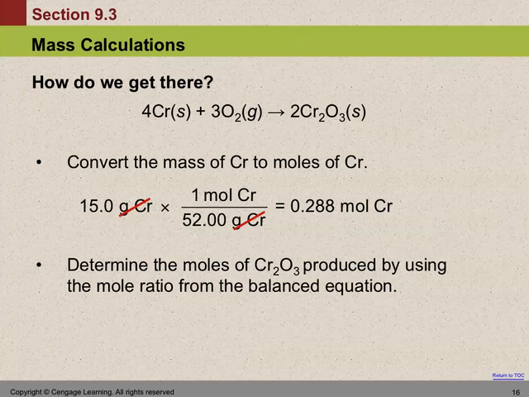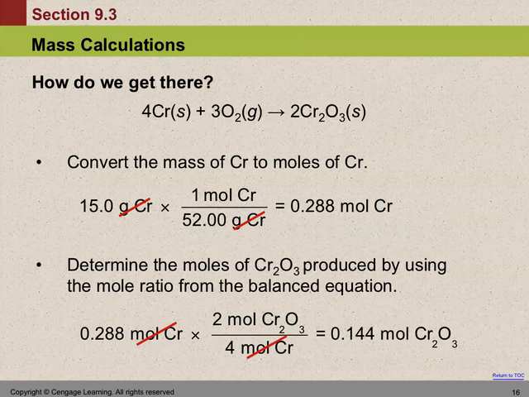What you can see is that 4 moles of chromium produce 2 moles of chromium(III) oxide. The conversion ratio is 2 moles of chromium(III) oxide per 4 moles of chromium. Multiply 0.288 moles of chromium by the conversion ratio and you get 0.144 moles of chromium(III) oxide.